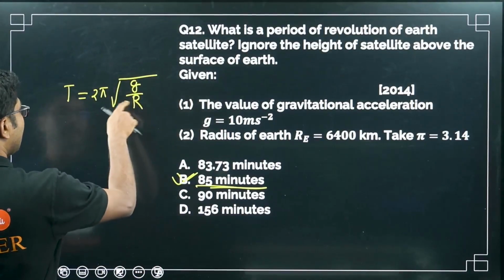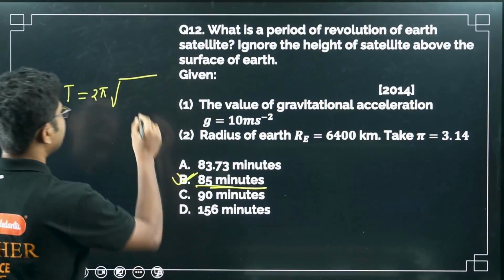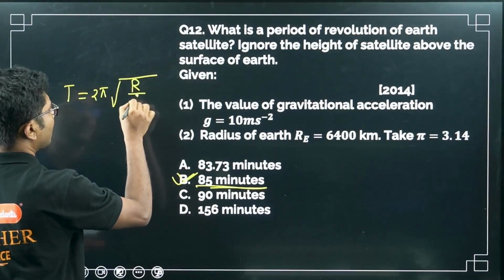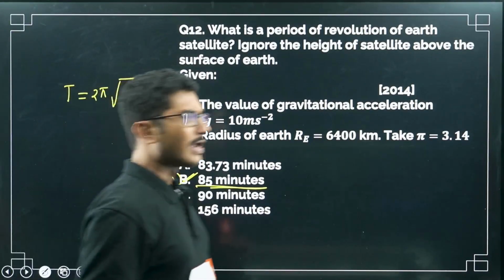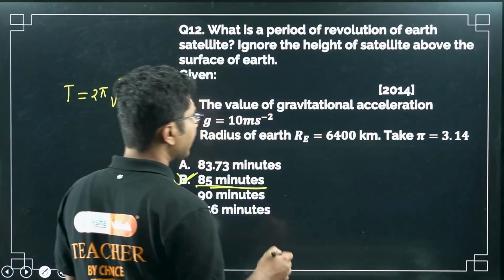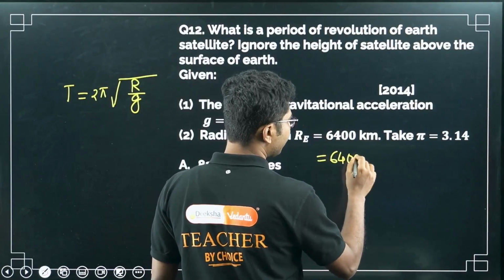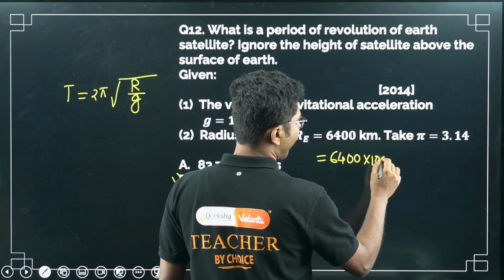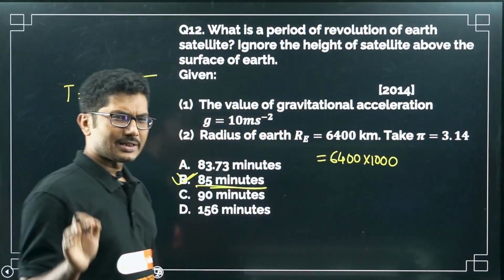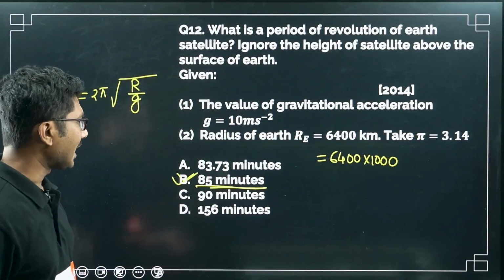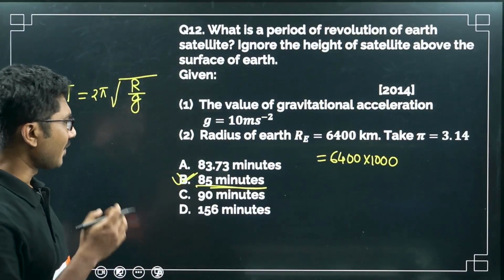You can put the value of 6400 kilometers, but remember to convert it into meters first. The calculation is very simple, and it will come out to be 85 minutes.